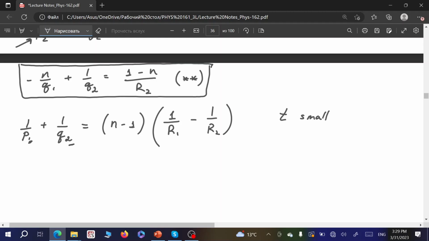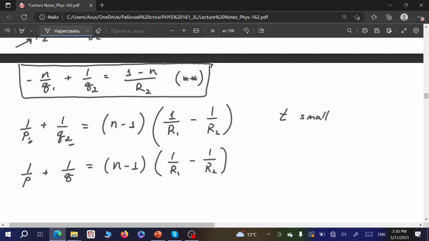That's why we can eventually write 1 over P plus 1 over Q equals n minus unity times 1 over R1 minus 1 over R2. So what we have here is an equation for image formation by a thin lens.